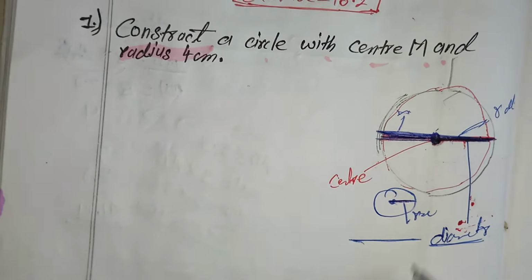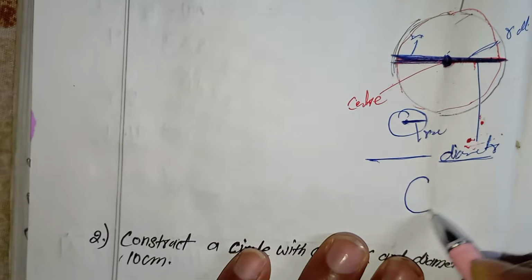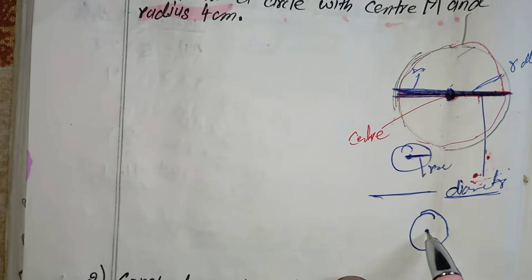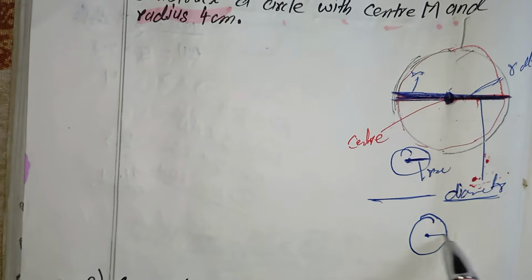Remember, I will explain it again. This is a circle. In this circle, the point in the middle is called the center. The half line from the center to the circle is called the radius.